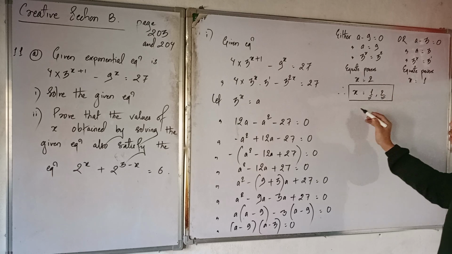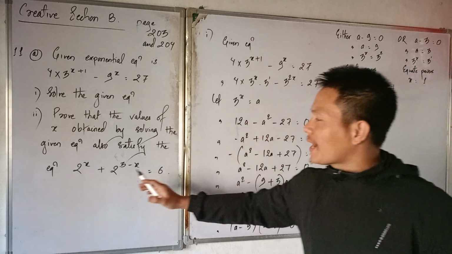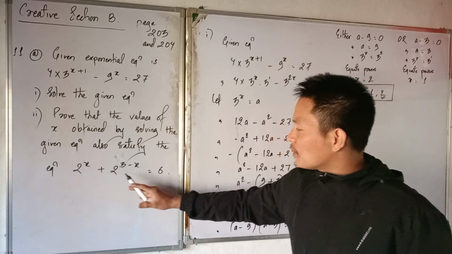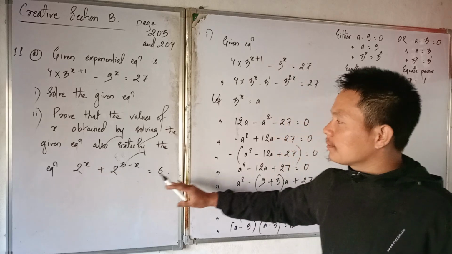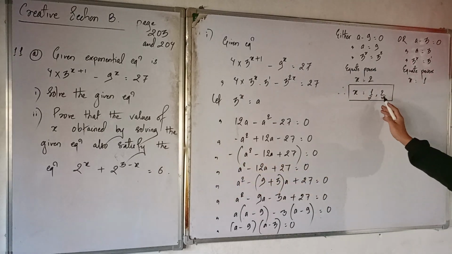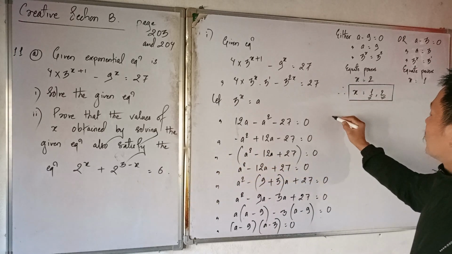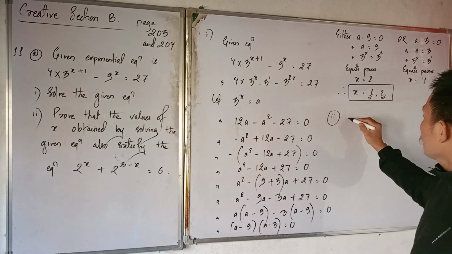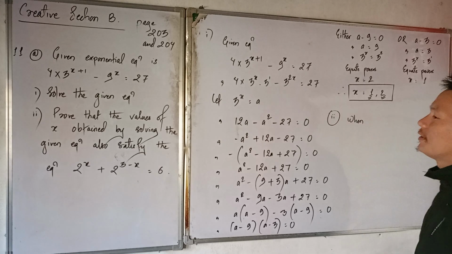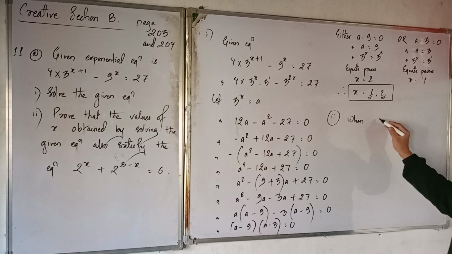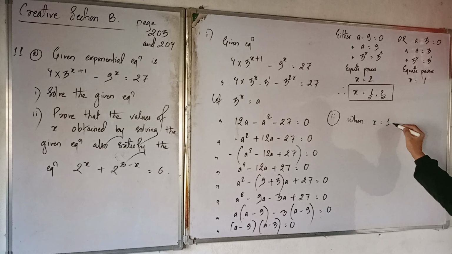Now try to substitute the value of x by 1 and satisfy this equation, and then also substitute the value of x by 2 and satisfy the equation. So we got the values of x, 1 and 2. Let's first take when x equals to 1.